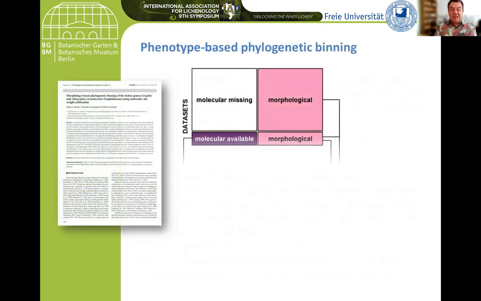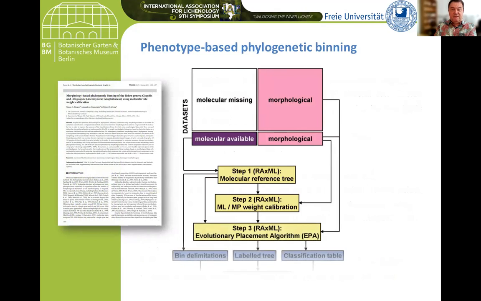And I just want to give some examples and explain some of these approaches. So the phenotype-based phylogenetic binning is very interesting, which is a common situation. You have a group, a taxon, where you have a small number of species sequenced and a large number is not sequenced, but you have morphological or phenotype data for all of them. You can use an algorithm that first computes the morphological characters known for the species where you have the sequences, and computes weights for these characters based on their distribution on the tree.